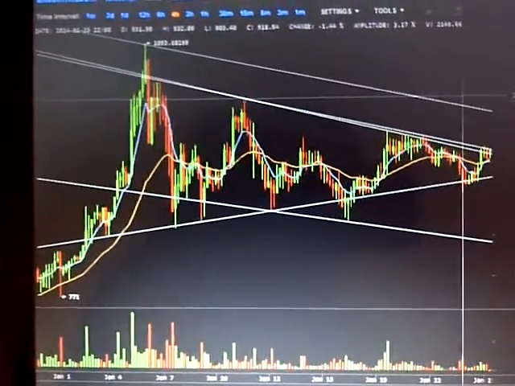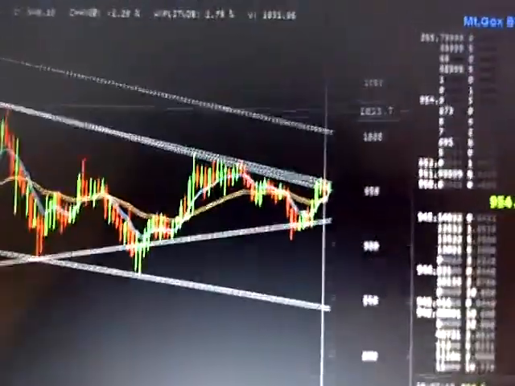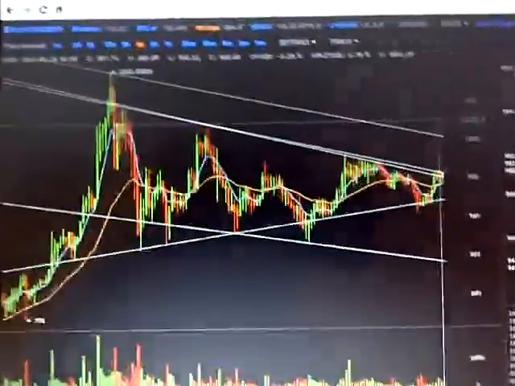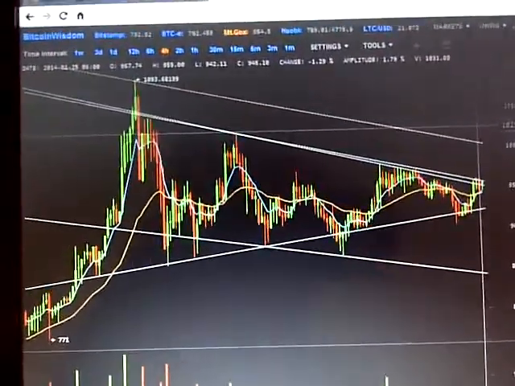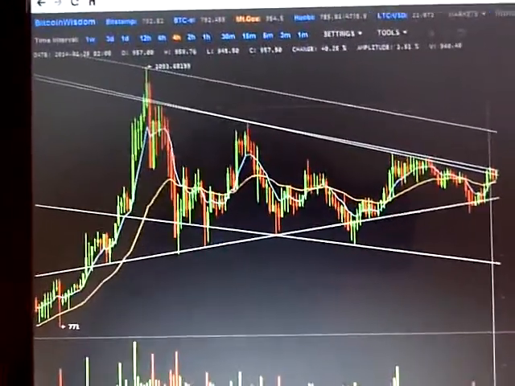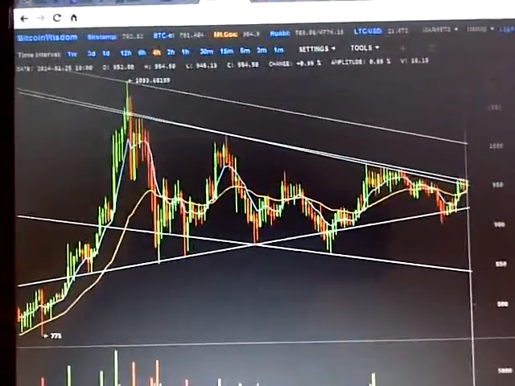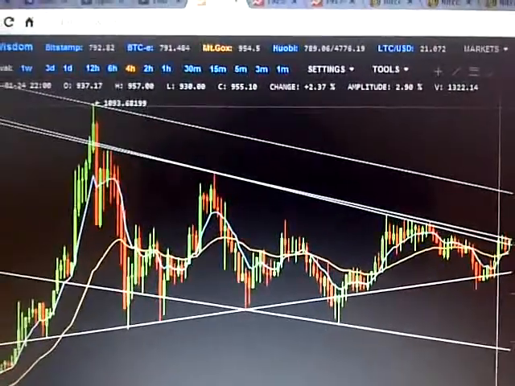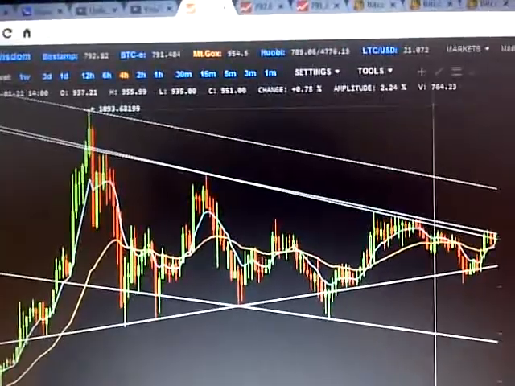So you're looking at, it has to finish right about here, which is, what number is that? 1024, somewhere around there. And then not only does it have to continue on that uptrend, it has to continue up, and I don't know what resistance line there's going to be at this point. There may not be one, other than just trying to go above this high, and it would be 1100.